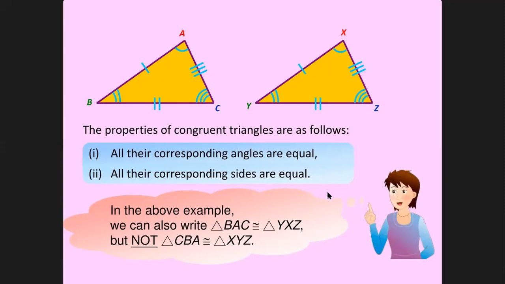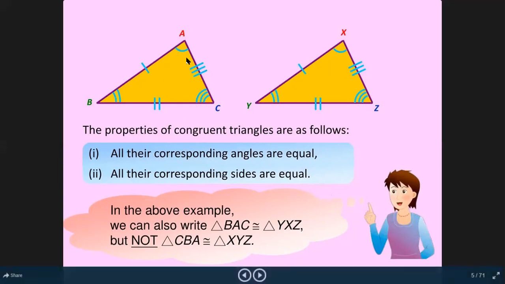You said CBA with XYZ, we said it's not. You told me it's not the same arrangement. What do you mean by not the same arrangement? I mean that it has to be CBA congruent with ZYX. CBA congruent with ZYX. Agree with you.